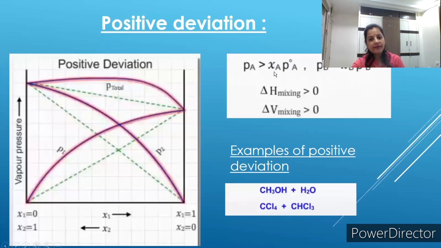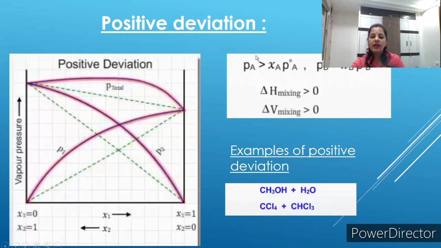But in this case, since the interaction is weaker, it will evaporate very easily, and hence the partial pressure of component A will be greater than the vapor pressure of the pure component times the mole fraction. Also, the vapor pressure of component B will be higher than the vapor pressure of pure component B times its mole fraction.